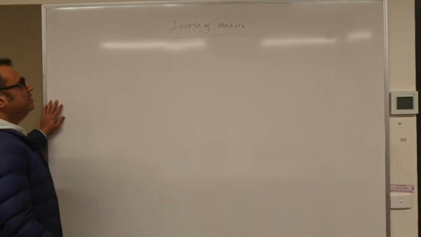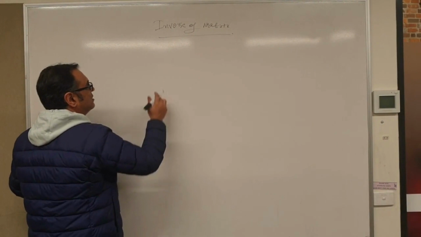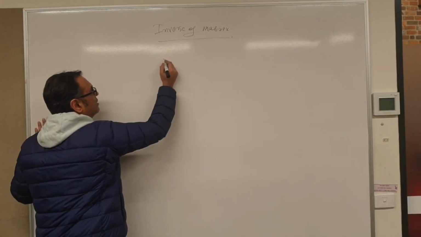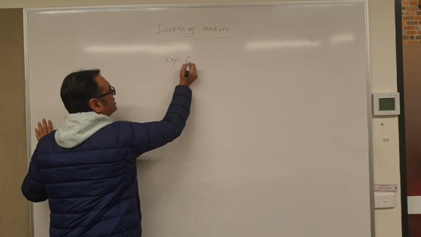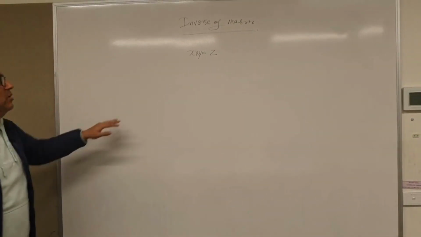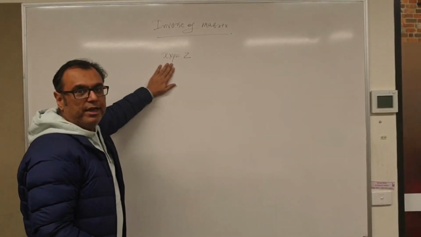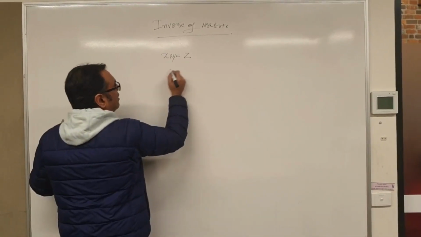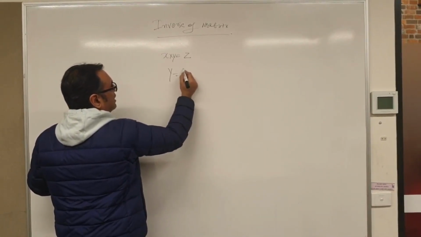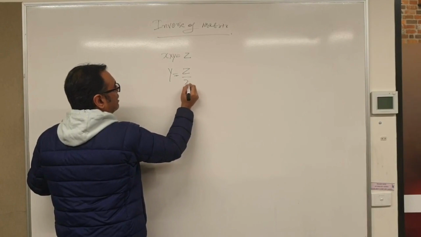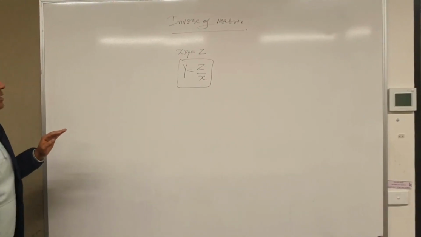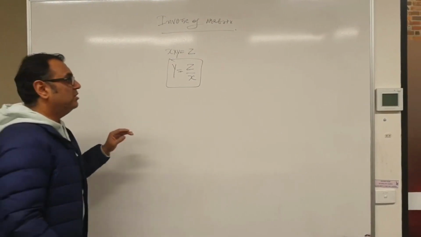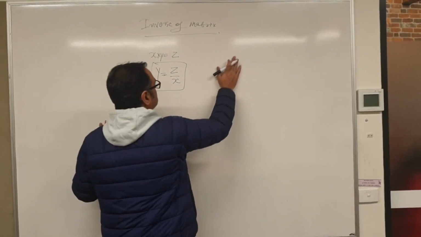Just like in the world of maths, if I have x times y equals z, and I ask what is the value of y, you can divide by x, and y equals z over x. Correct? That's what we do. I don't know if you remember the world of indices.